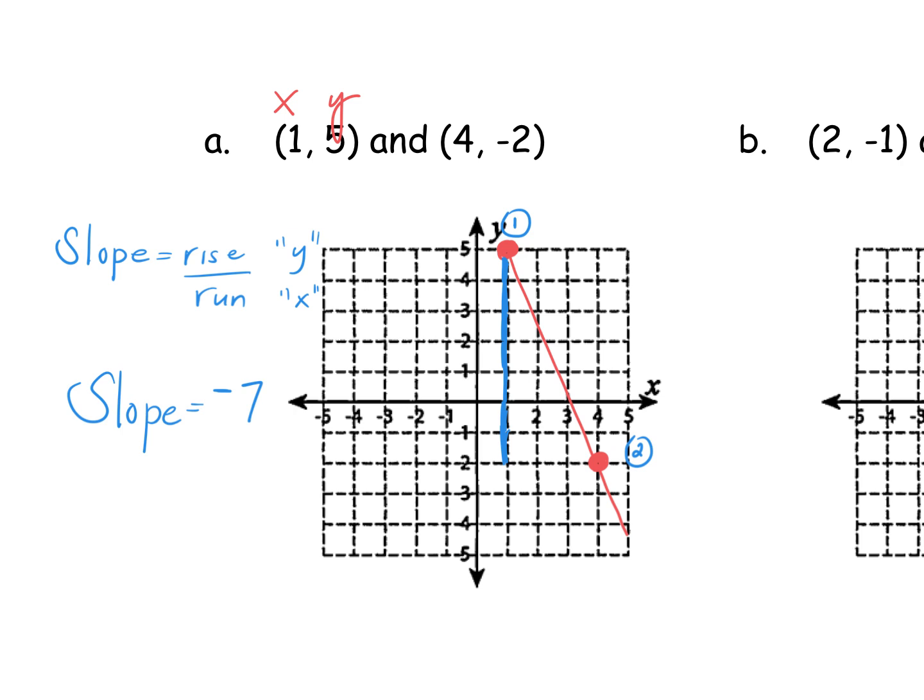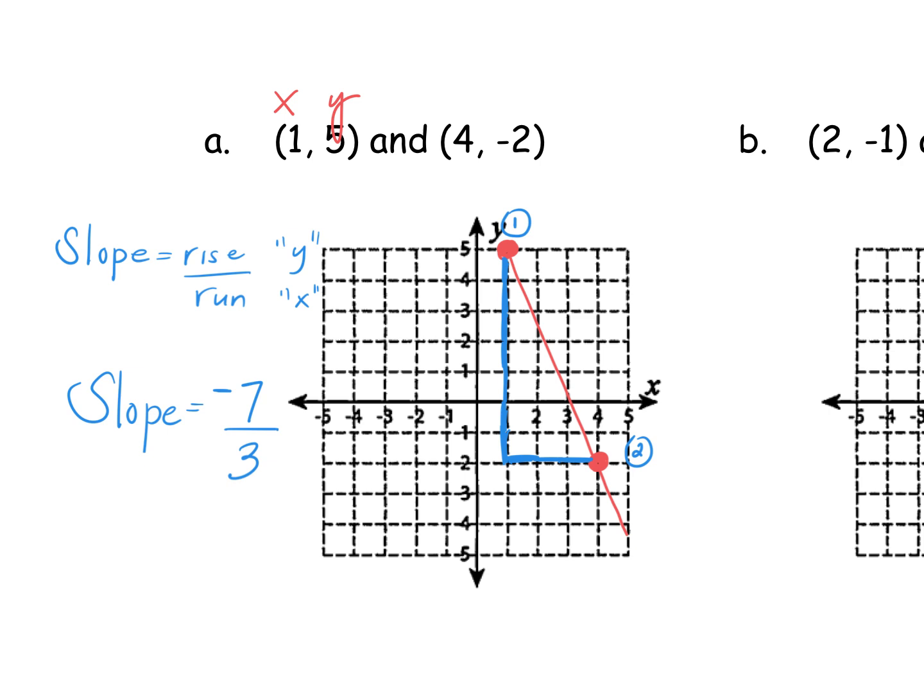And if I find out how many places I went to the right, that would end up being 1, 2, 3 units to the right. So then my slope for this line is -7 over 3. If you ever get a slope that can be reduced, make sure you reduce it into lowest form if possible.